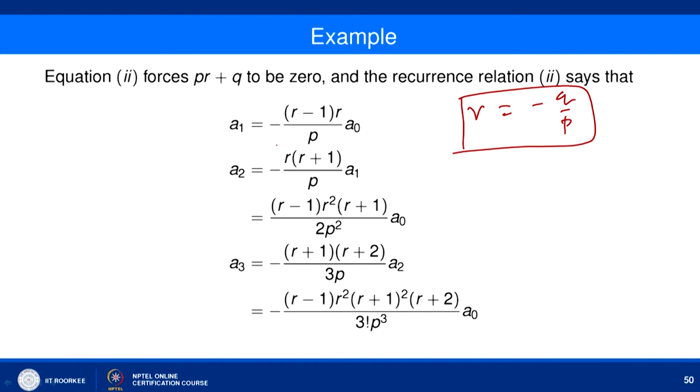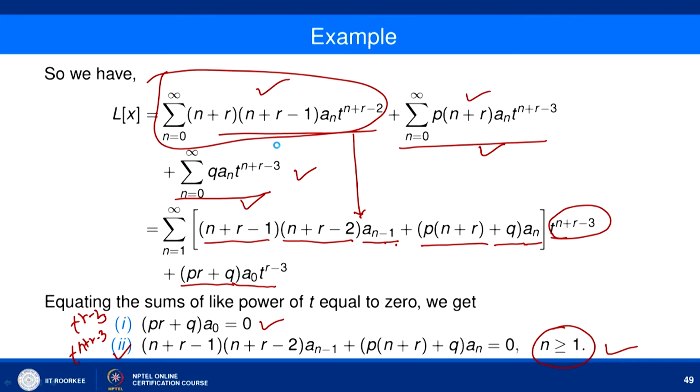Let me write it here. Putting n equal to 1, what you will get is r minus 1 a naught plus p into 1 plus r plus q a1 equal to 0. So you can calculate your a1 like this.